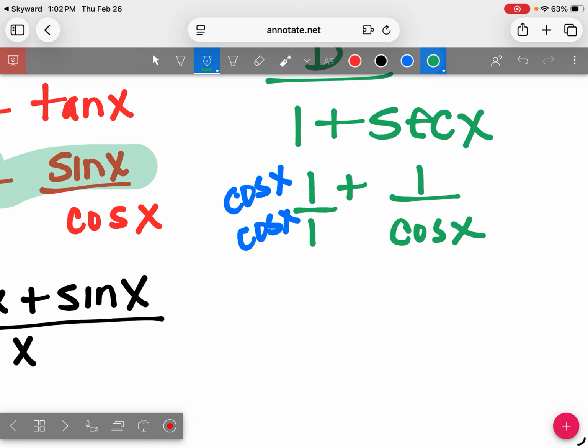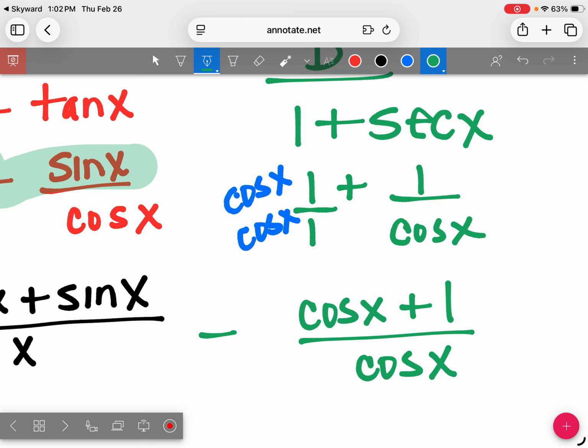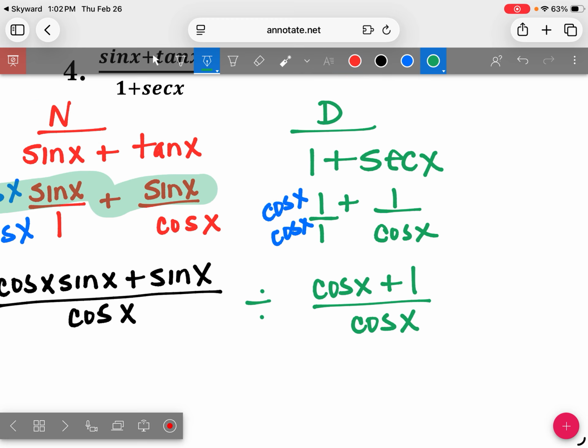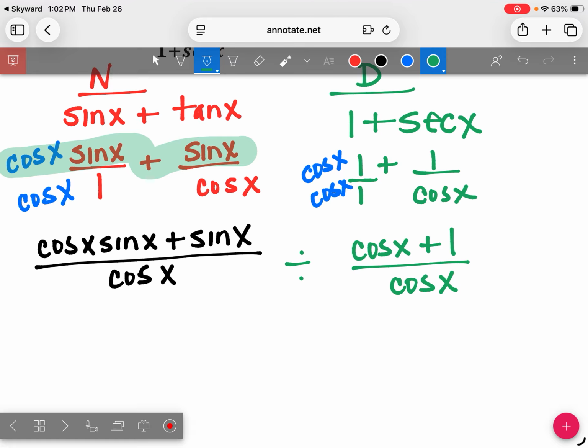So that's going to give me cosine x plus 1 all over cosine. And these two fractions are being divided. Okay, how do we divide fractions? Keep, change, flip. Let's do it.